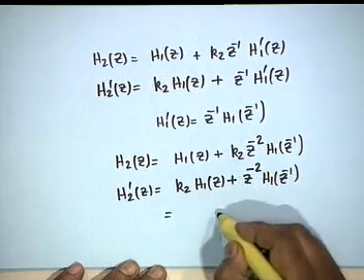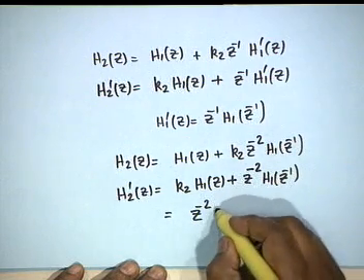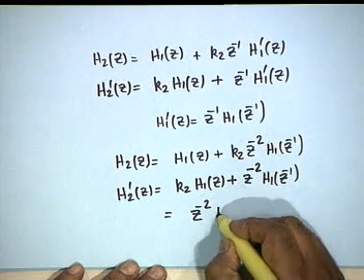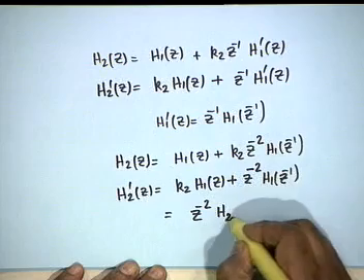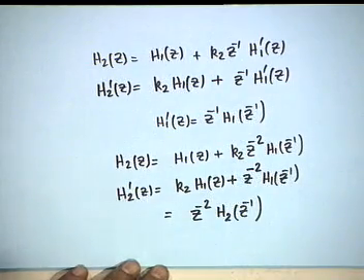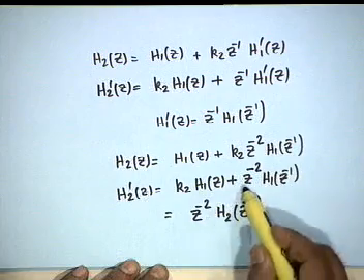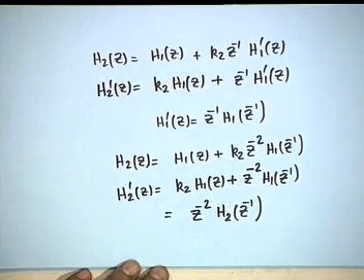Don't you see that this is the same as z to the minus 2 H2 of z inverse, isn't that right? If you take H2 of z inverse and multiply by z to the minus 2, you will get exactly this, all right.